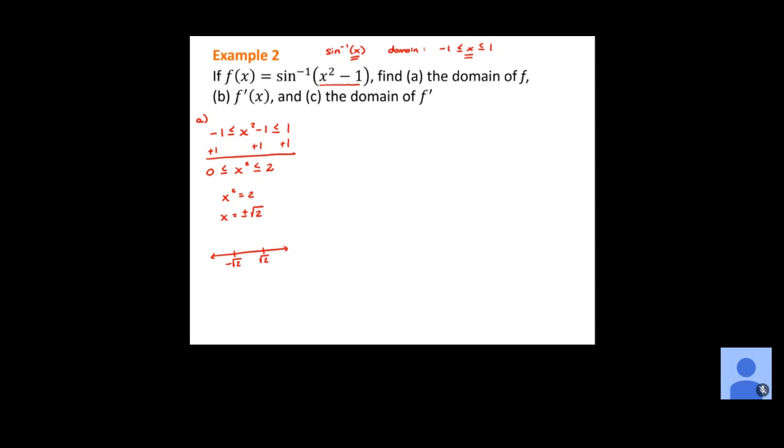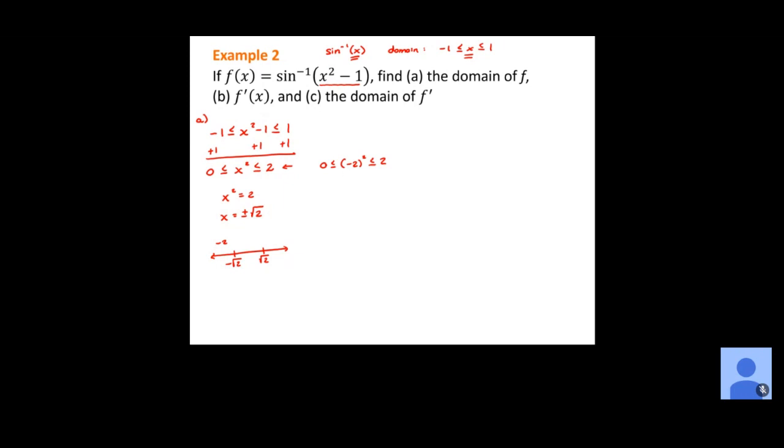Okay, so I'm going to actually plug something in. What's something to the left of negative square root of 2 here? Okay, so -2 is good. If I plug that in right here, we would have 0 less than or equal to -2 squared less than or equal to 2.